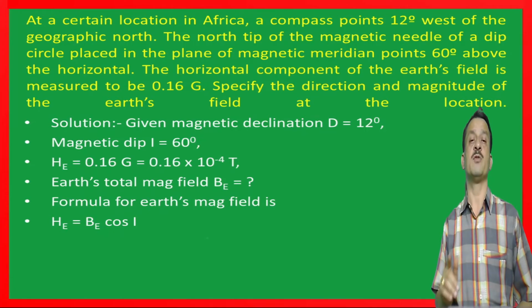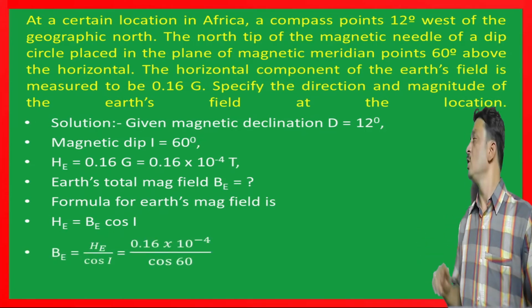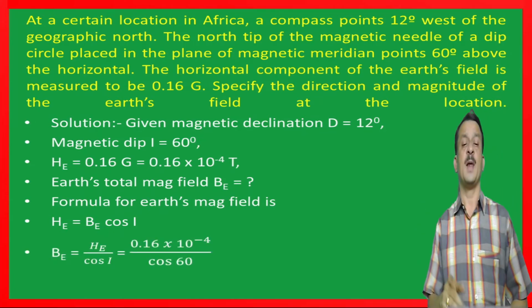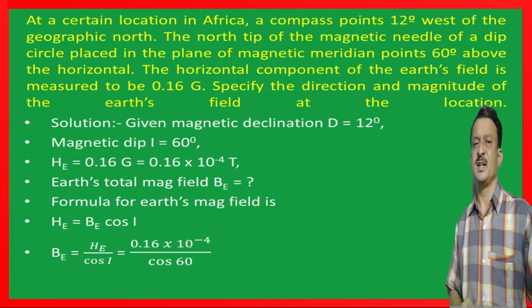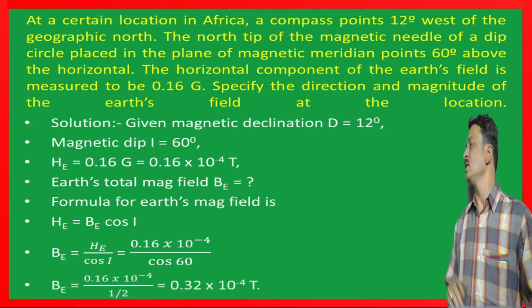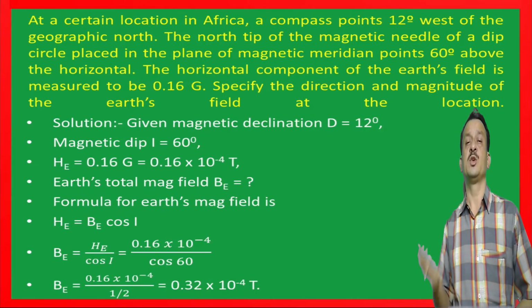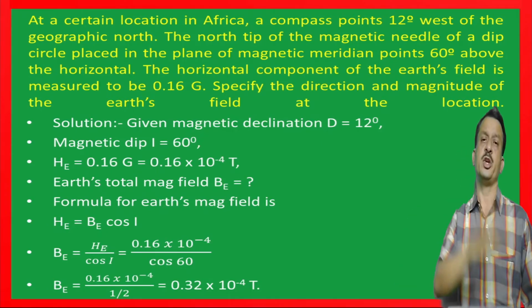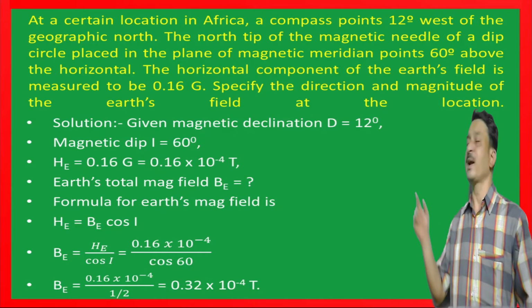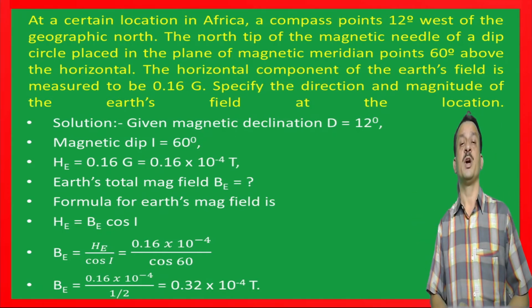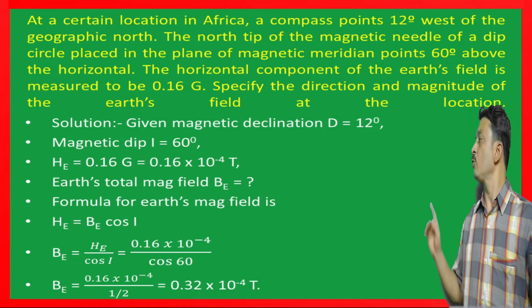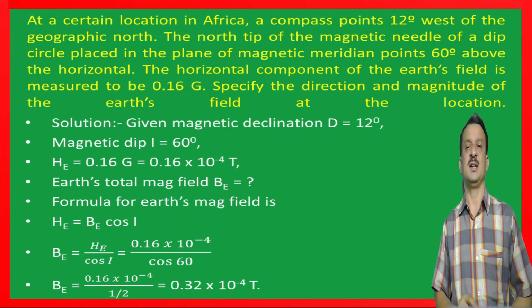Substitute the values: 0.16 into 10 to the power of minus 4 divided by cos of inclination, that is 60 degree. Now we know the value of cos 60 is 1 by 2, and that 2 in the denominator goes to the numerator. Therefore, the magnetic field becomes 0.32 into 10 to the power of minus 4 Tesla.